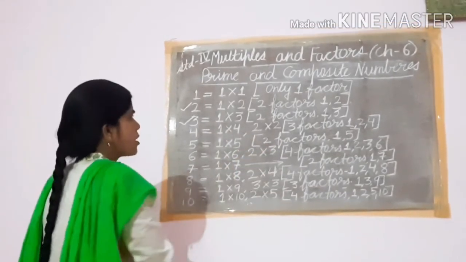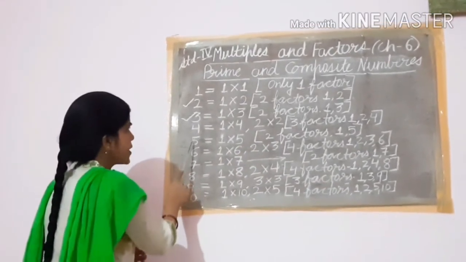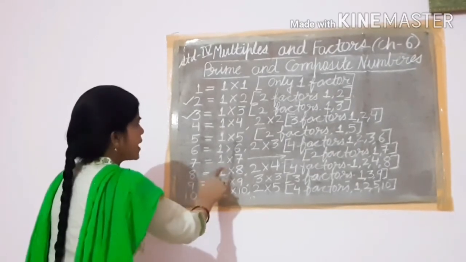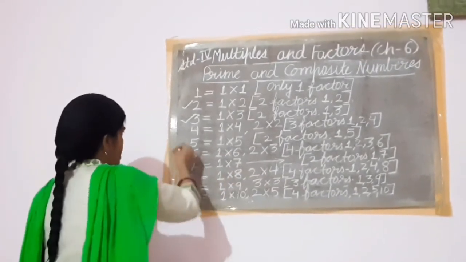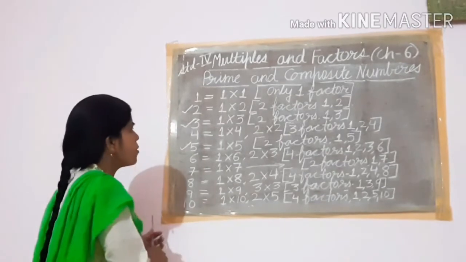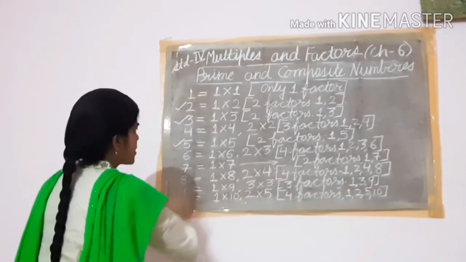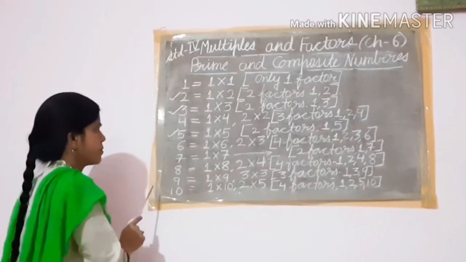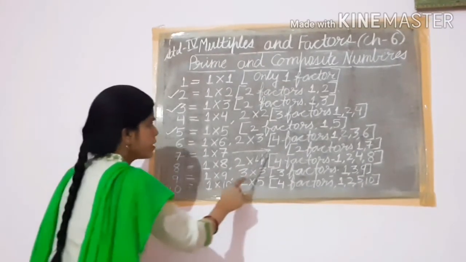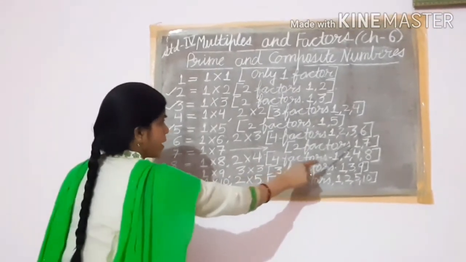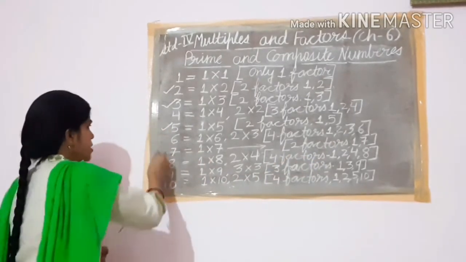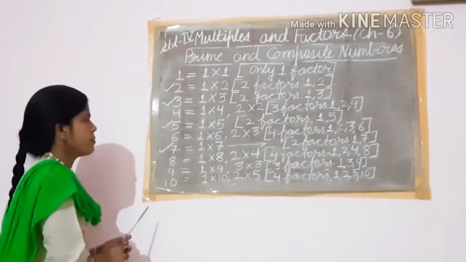So 4 is not a prime number. Now 5 also has only 2 factors. So 5 is also a prime number. 6 has 4 factors. So 6 is not a prime number. 7 has only 2 factors, that is 1 and 7. So 7 is also a prime number.